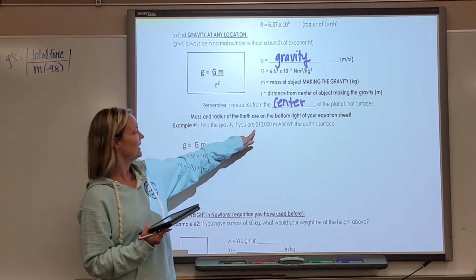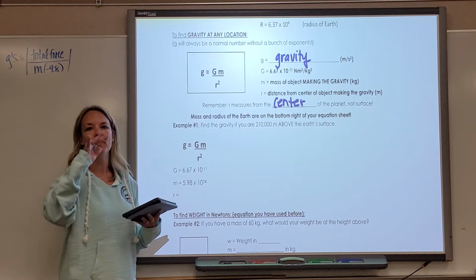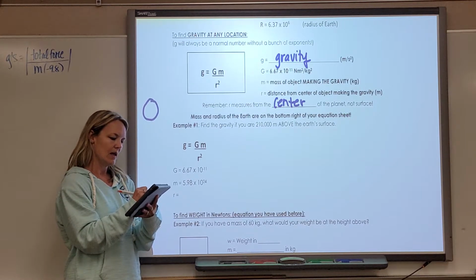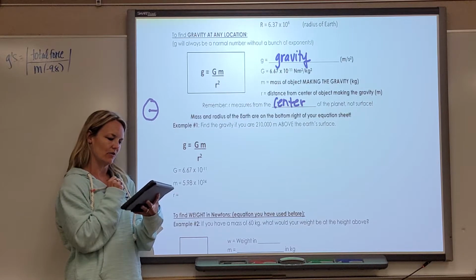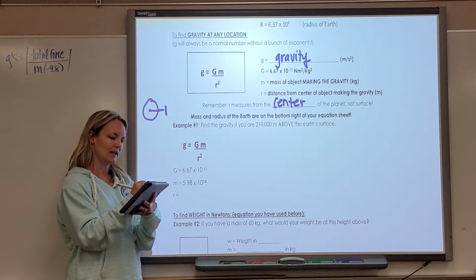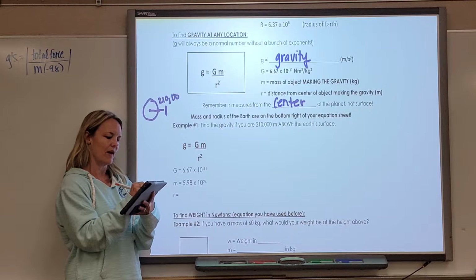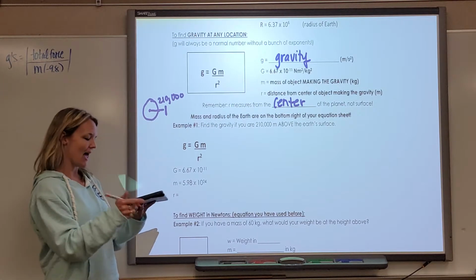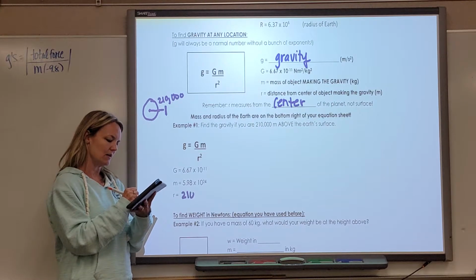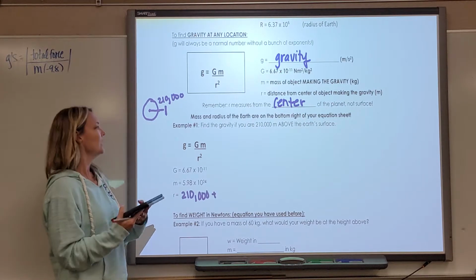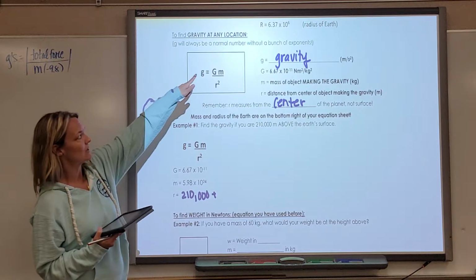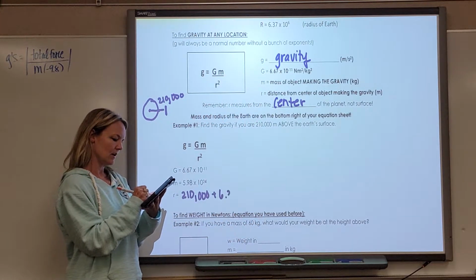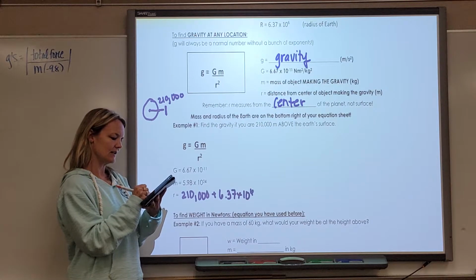I am given the distance from above the surface. So if this is the Earth, here's the radius of the Earth, and then I'm located an additional 210,000 meters above. Okay, I need to get to the center, so I need to add the 210,000 to the Earth's radius, which is right here, 6.37 times 10 to the 6th.